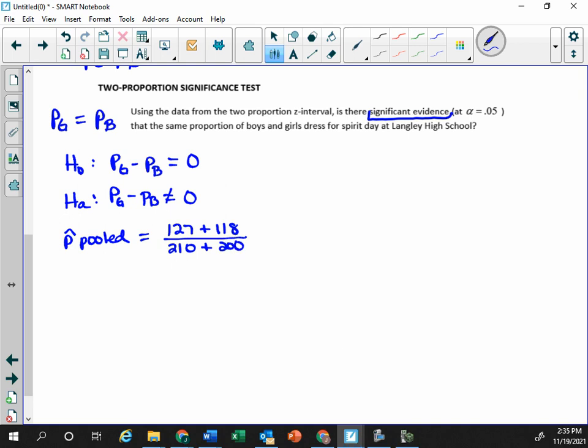You're like, what? That's not how you add fractions. But you're just completely combining the two sets. Okay? We're not actually adding fractions. So we now have a pooled p hat of 245 over 410, which is 0.597.